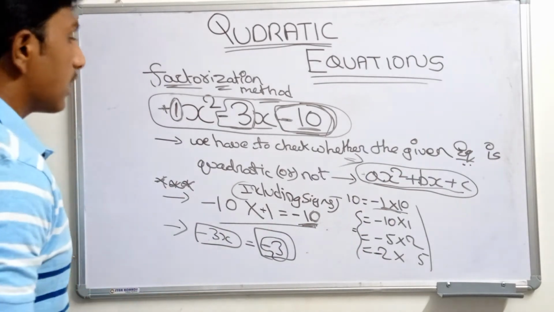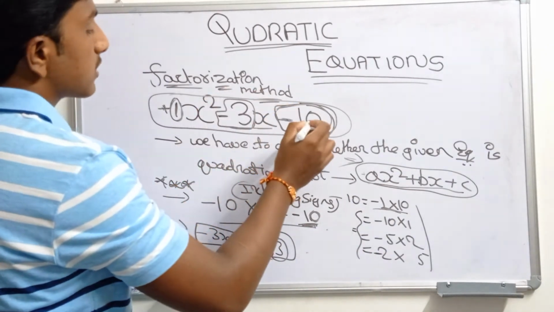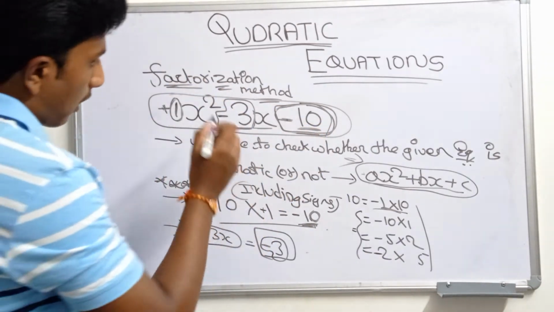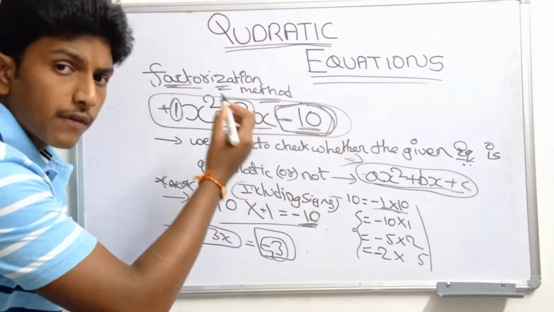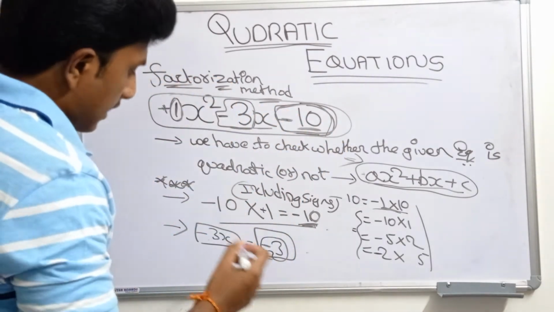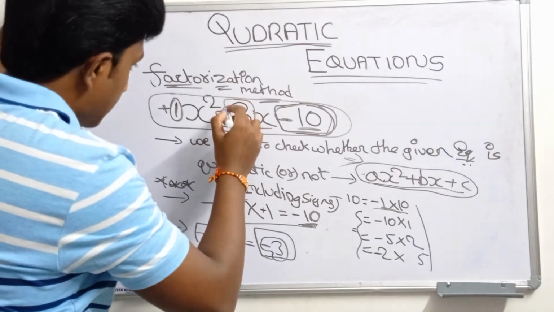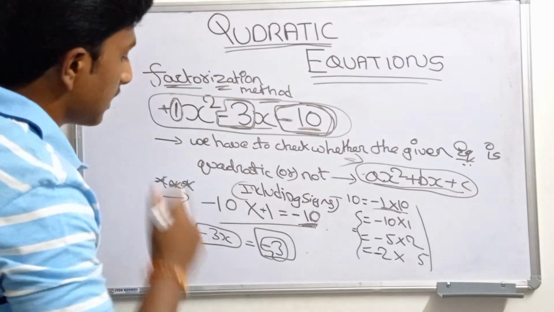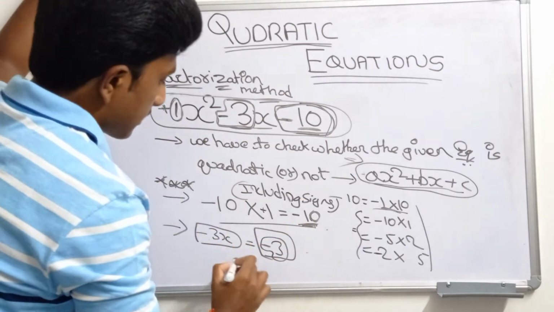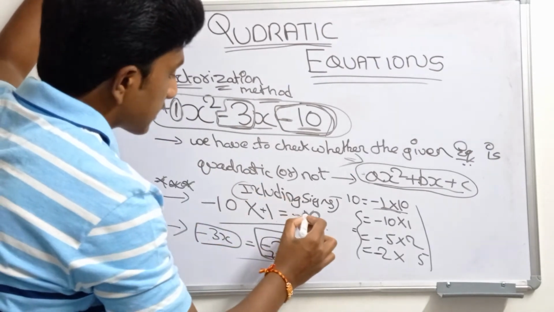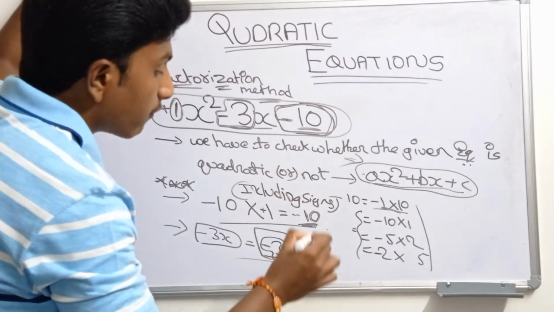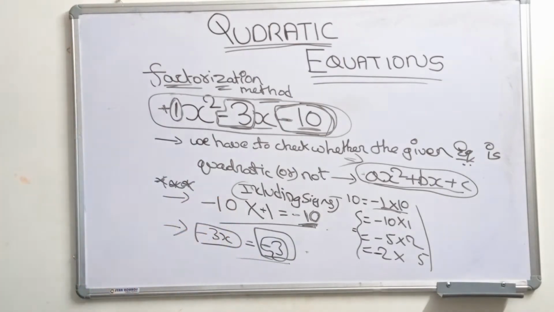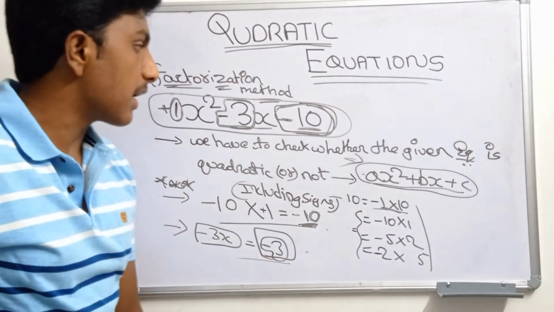The second rule is you have to multiply the constant term and the coefficient of x square including the signs. And the third step is the number in the middle, minus 3, which should be written as it is, and the factors of minus 10 should be taken such that when you add those factors you get minus 3. Guys, is it clear?